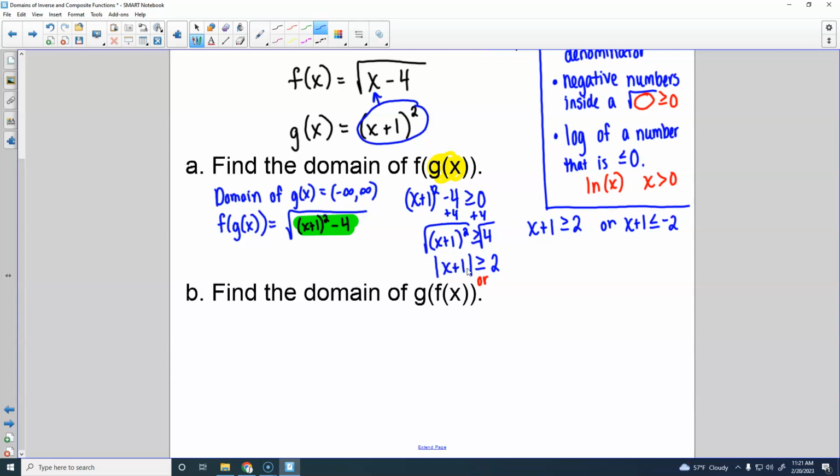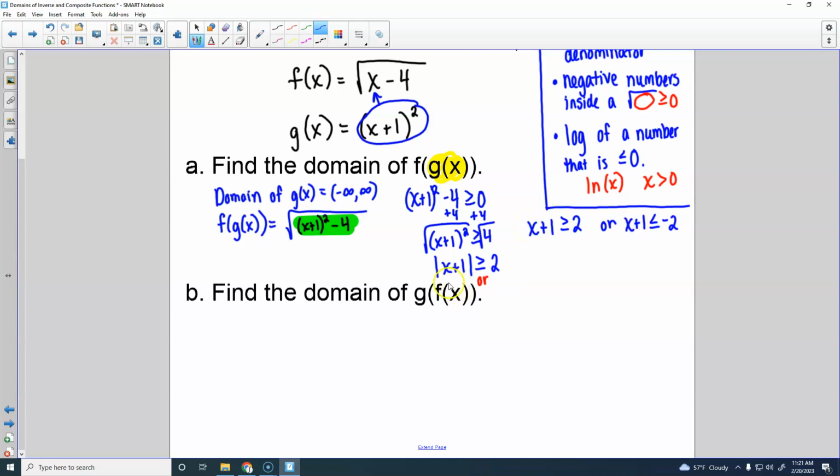All right, so it kind of is our way of getting rid of those absolute values. Because if I plug in something like negative 5, it's going to be negative 4, which when I take the absolute value is greater than or equal to 2. So whenever you end up with these absolute value bars right here, you write the first one just exactly like you see it except for no bars.